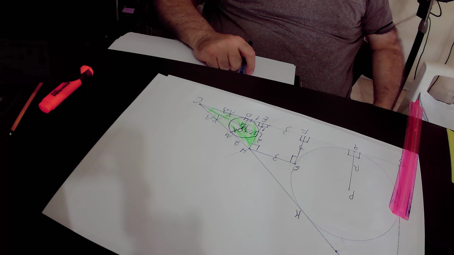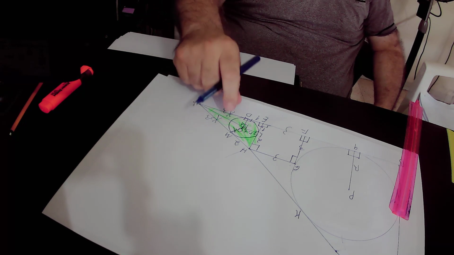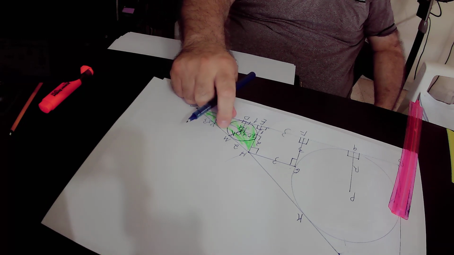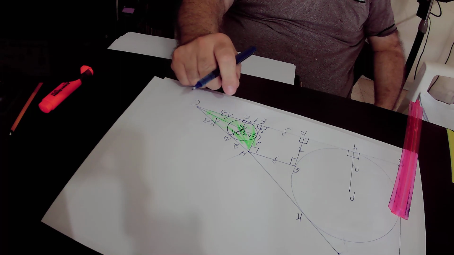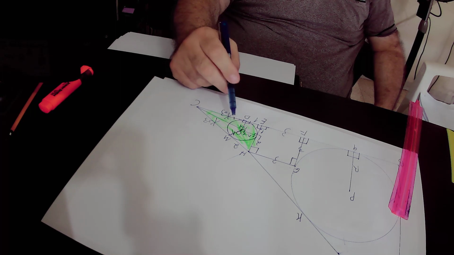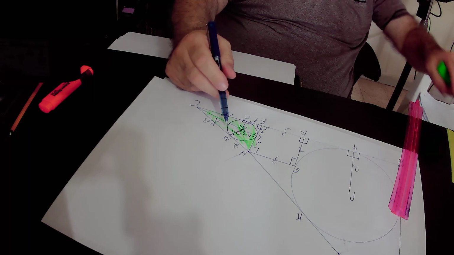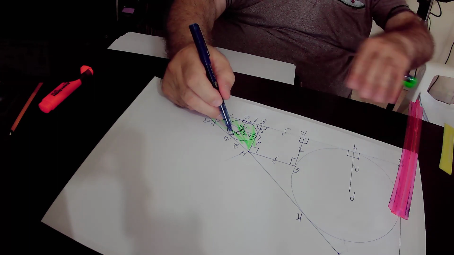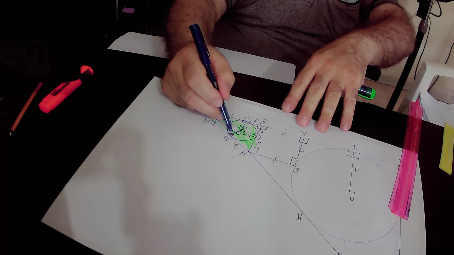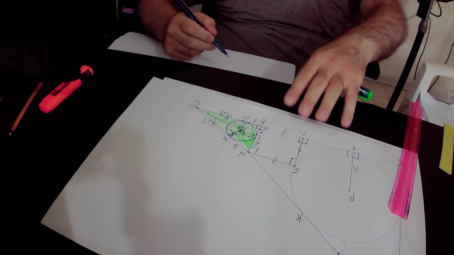In the next step, we will prove that those two green right triangles are congruent to each other. Actually, the radius OM is drawn to the point of tangency, therefore this angle equals 90 degrees and this angle equals 90 degrees.